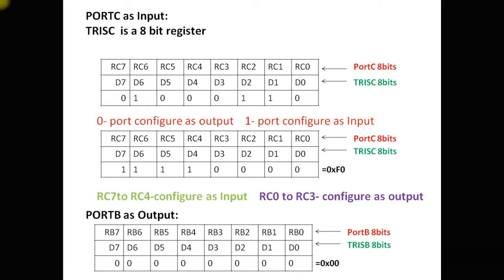If we need to configure the entire port as output, our hexadecimal value is 0x00. If we need to configure the entire port as input, the hexadecimal value is 0xFF. We remember these values so that we can configure an entire port as input or output without performing bit by bit calculation.